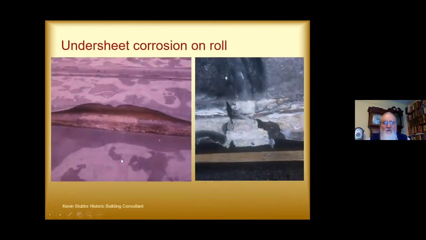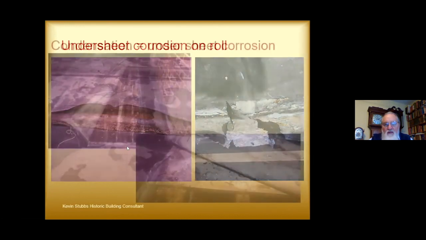And even when the lead work looks okay, this lead roof was redone 30 years prior to this photograph, and just peeling back the roll on the junction here, you can see that we've got this undersheet corrosion occurring, and the undercloak, which is on top of the roll there, when you look at it closely, is paper thin. So quite a problem then with undersheet corrosion.